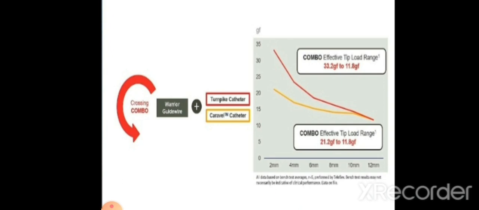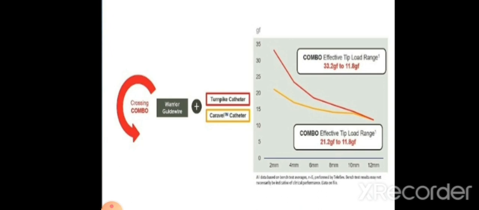So, to explain it more, if you have a guide wire and two kinds of microcatheters, like Turnpike catheters and Caravel catheters, and the tip of the microcatheter is positioned at a distance of 12 mm from the distal tip of the guide wire, this is the start, or the free effect, of the microcatheter and the guide wire.